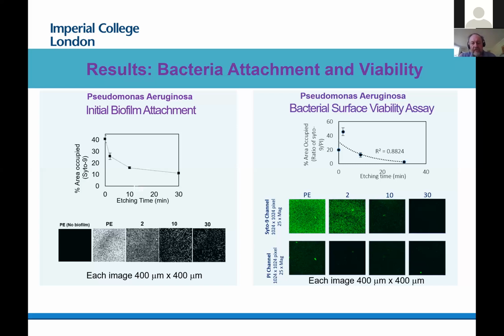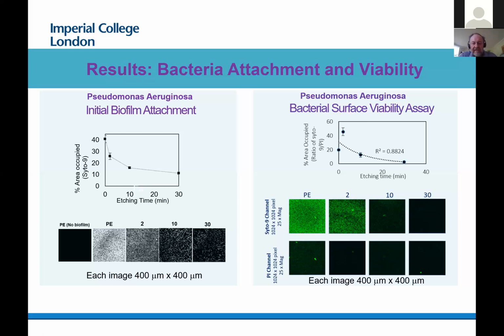And what we can see here is that there's some scattering in the data, but when we have very little treatment, something like 30% on average of the bacteria are viable on the as received material, or even a very short treatment. But a material that's had a 30-minute treatment, the viability is very low, maybe 1 or 2%.